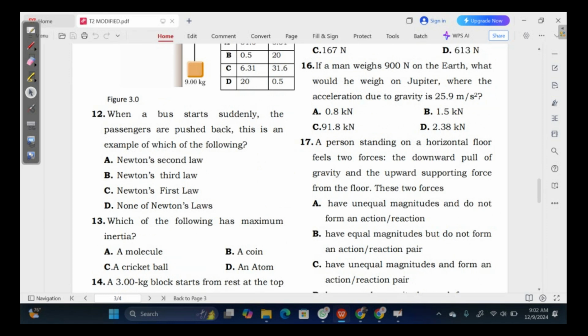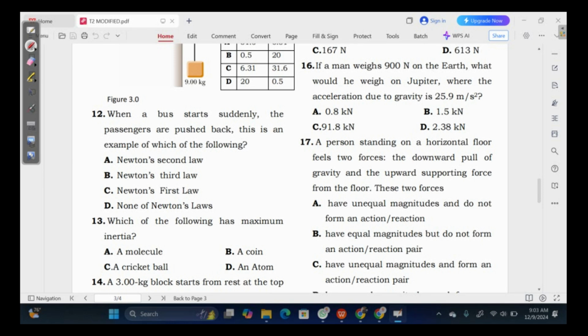Question 16 is saying, if a man weighs 900 newtons on Earth, what would he weigh on Jupiter, where the acceleration due to gravity is 25.9 meters per second squared?